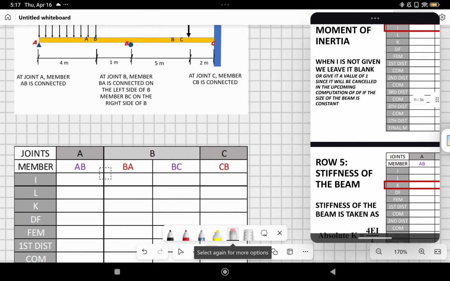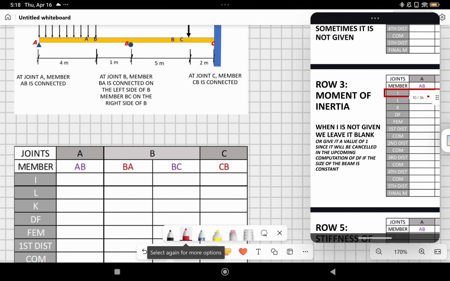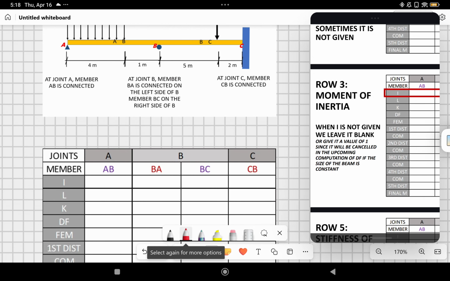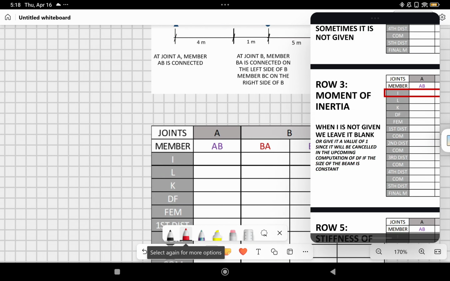The next row is L, or the length of the member. So this is row 5. Row 4 is for the L. So what is row 4 for L? L stands for the length of the member. Length of member.